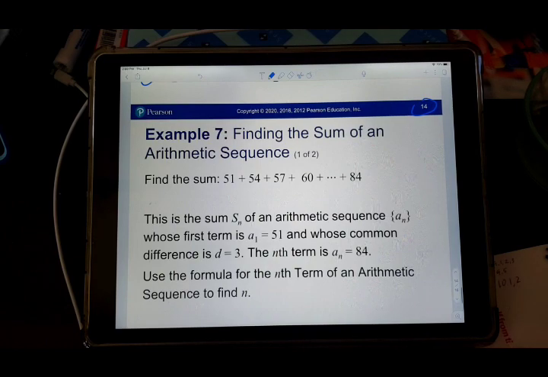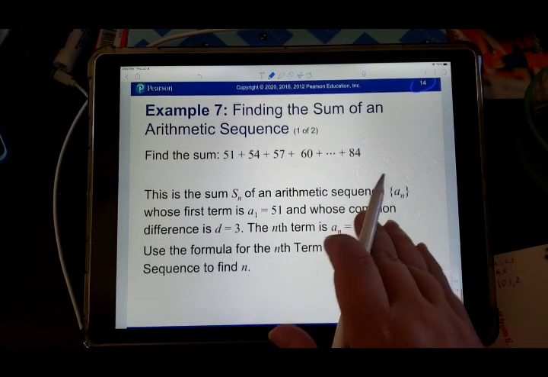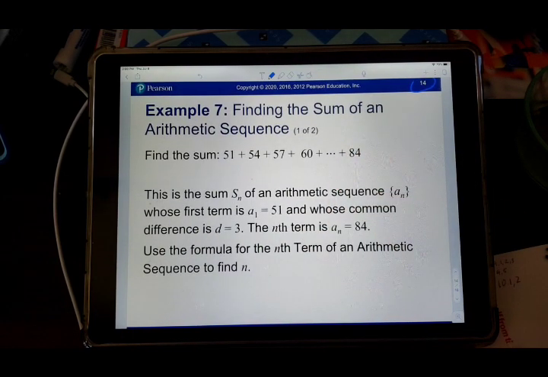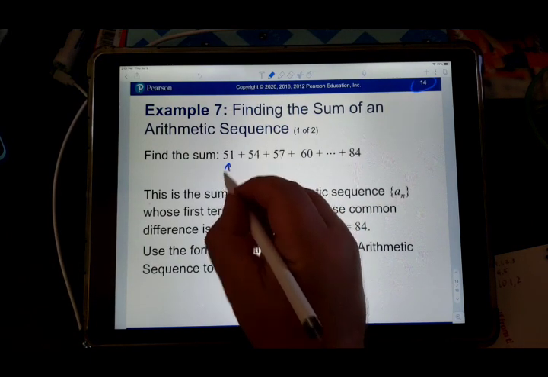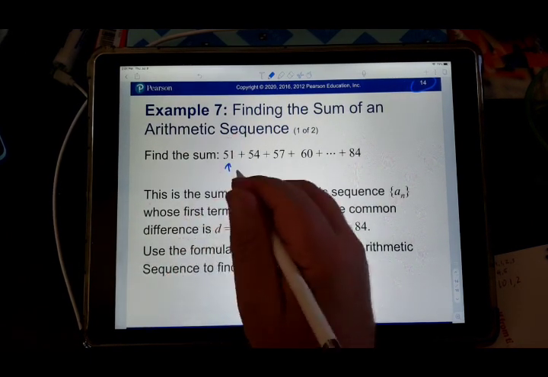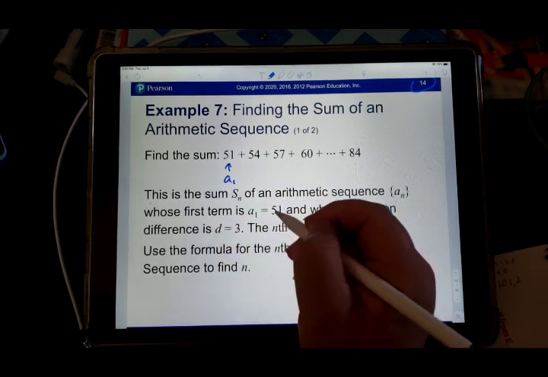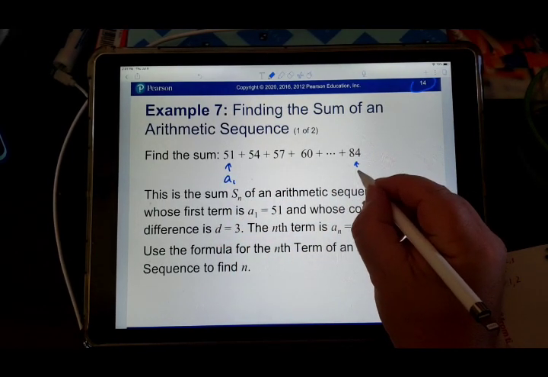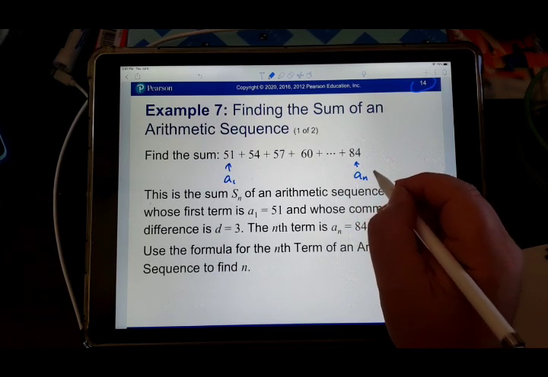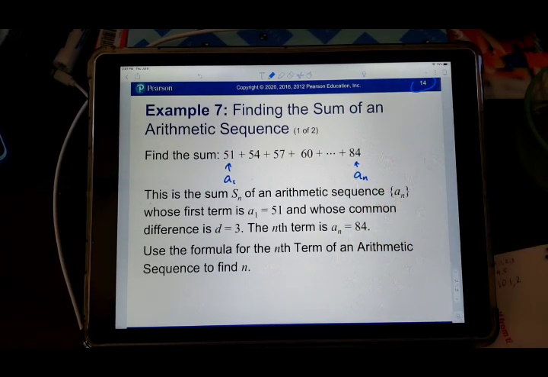A more common example would be this one, and this is what I was talking about, where n stops being a variable and starts being a number. All right, so what numbers do we have? This 51 is A1. 84 is a sub n for now, but I need to know what n is.